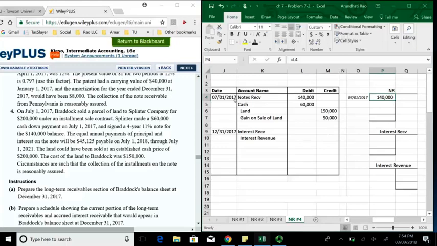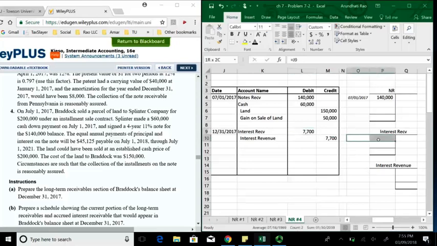How many months did I have the note for? 6 months. So times 6/12. So 140 times 11% times 6/12 will give me 7,700.